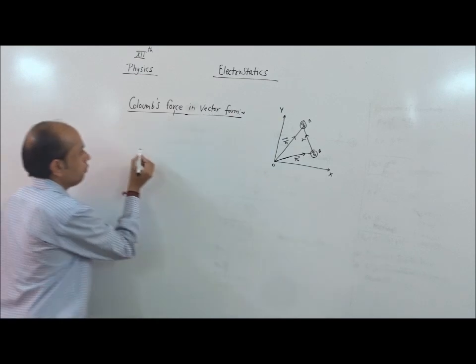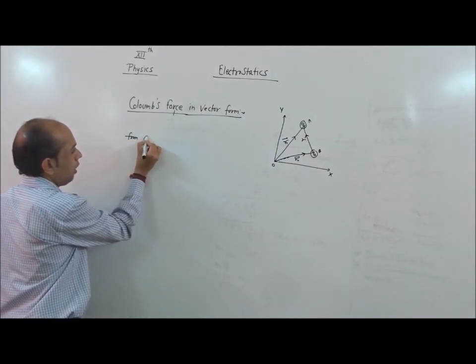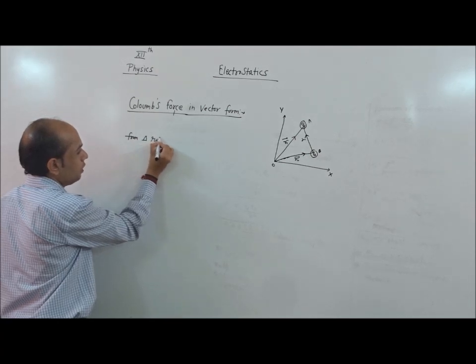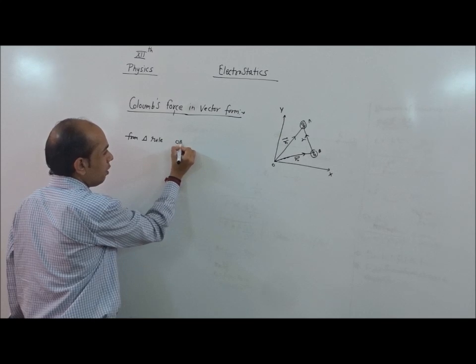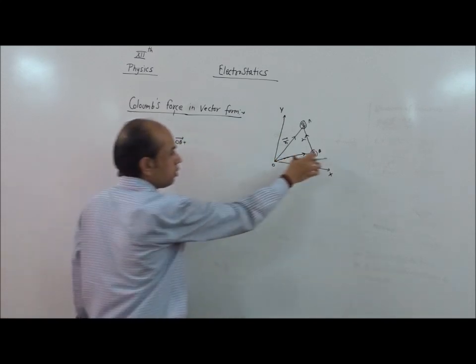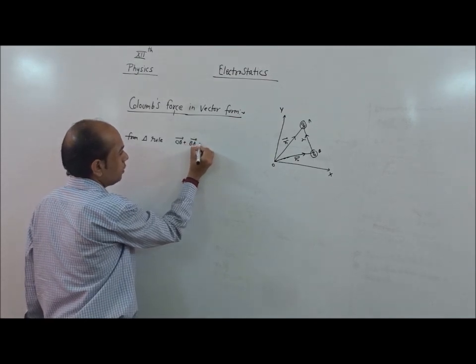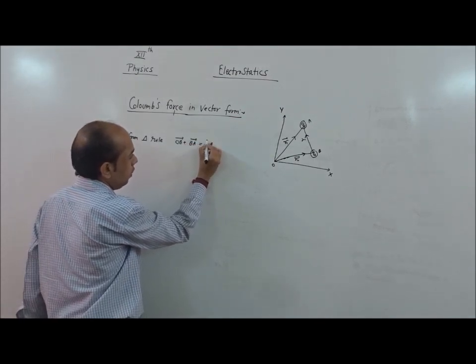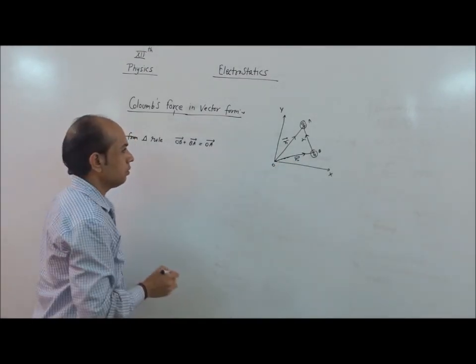So from the triangle rule, class 11th, two sides in the same direction, that is OB vector plus B to A vector, equals O to A. Now we put their position vectors.